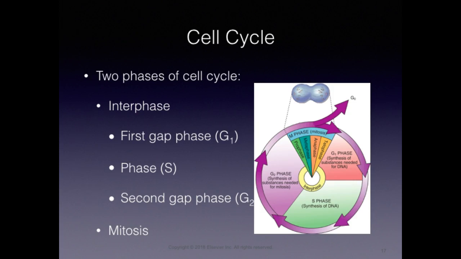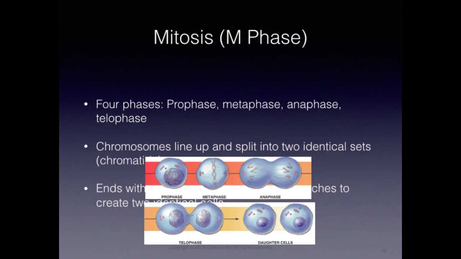And then it will move into the final stage of mitosis. In mitosis, there are 4 phases: prophase, metaphase, anaphase, and telophase.